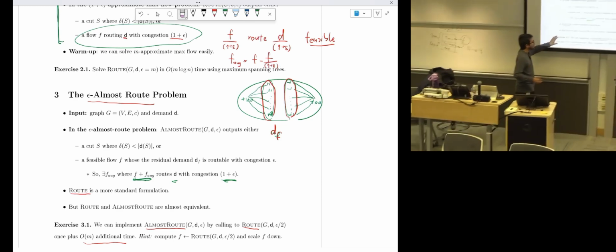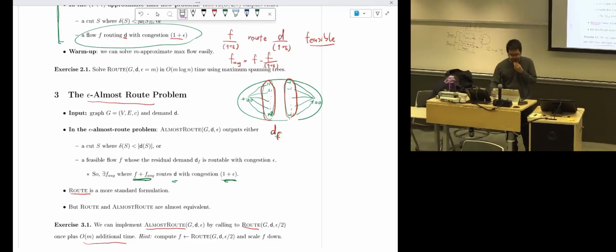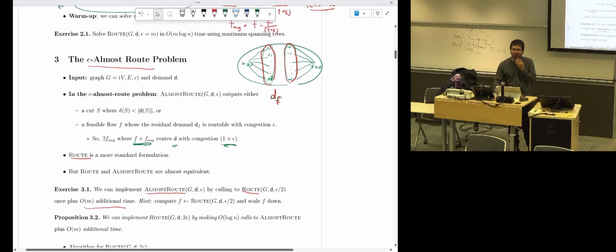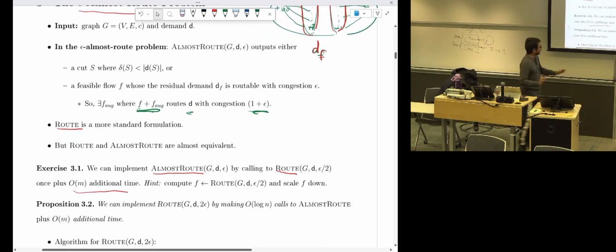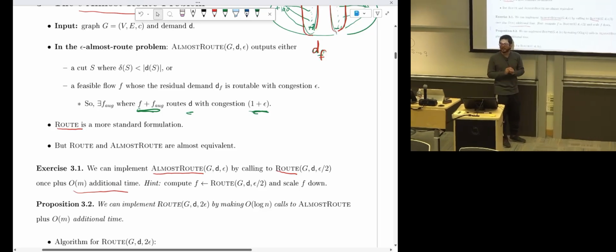This is the easier problem. Almost route is easier. But what I will show you is that you can implement route by using almost route too.